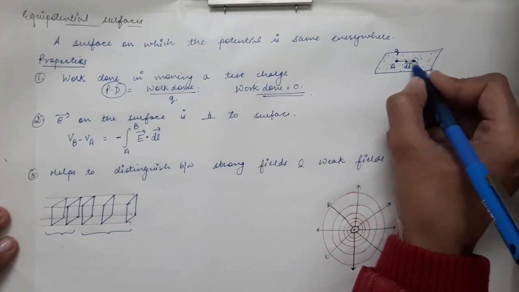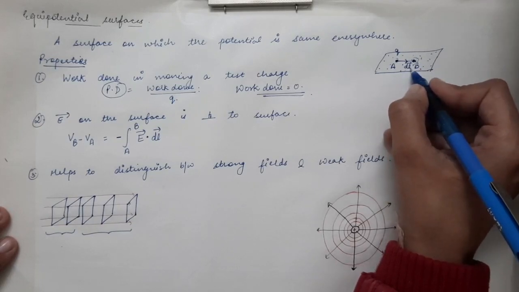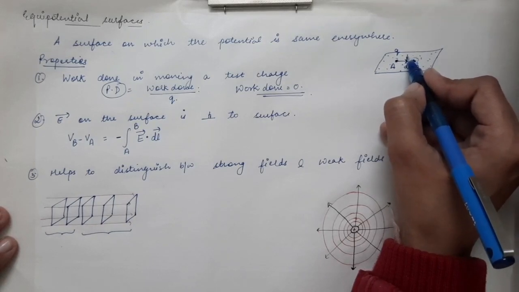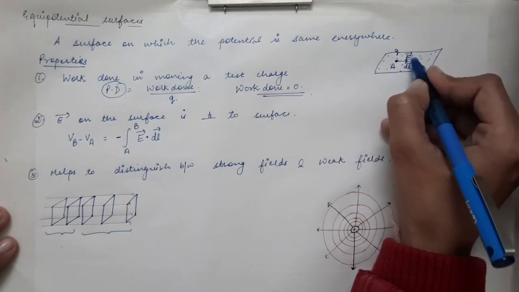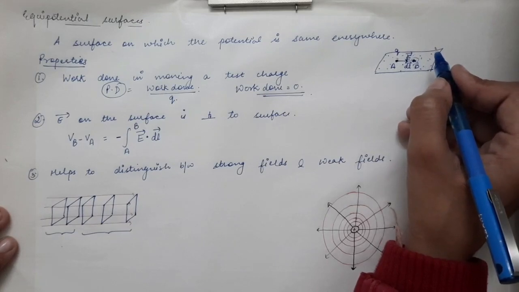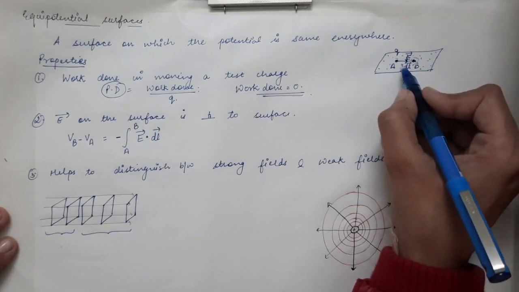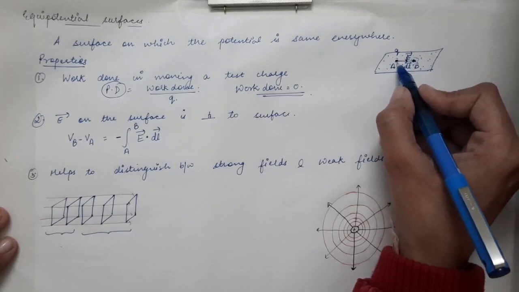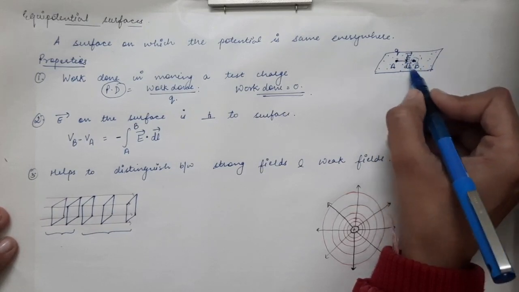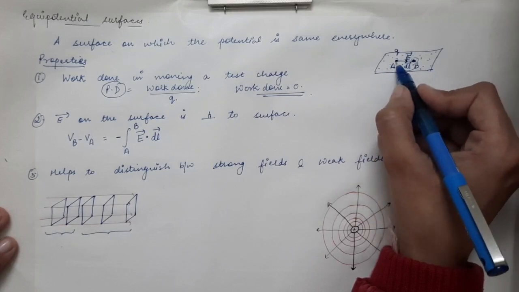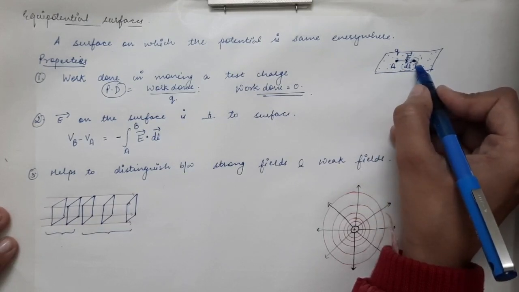And the electric field in this region, let's say, is given by E vector. We do not know the direction of the electric field, so we are going to find out the direction of the electric field when you are moving from one point to another, by a displacement of dl vector on the equipotential surface.